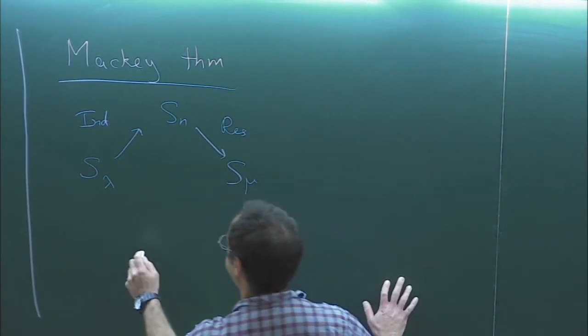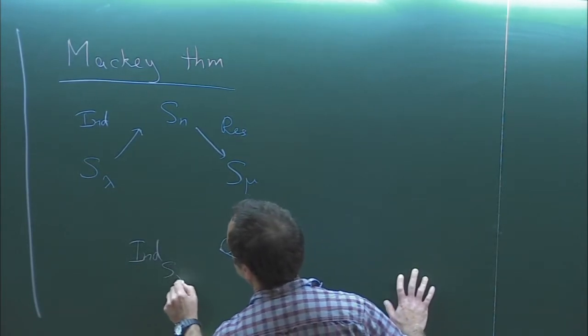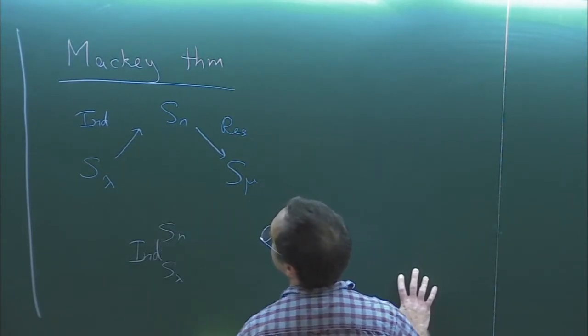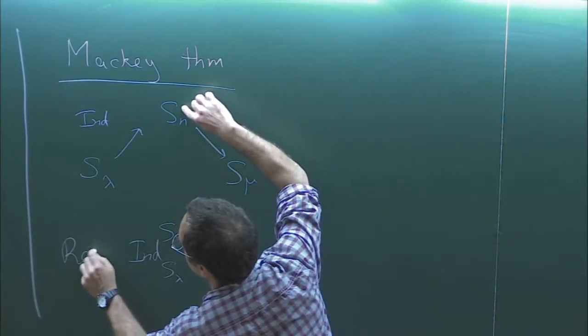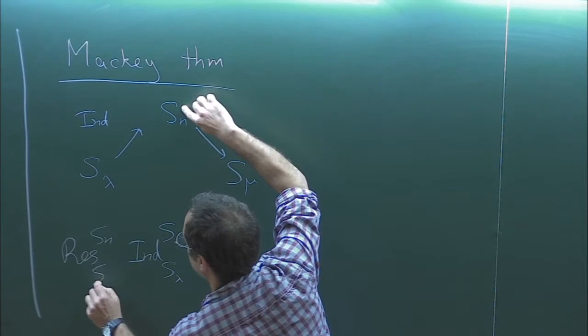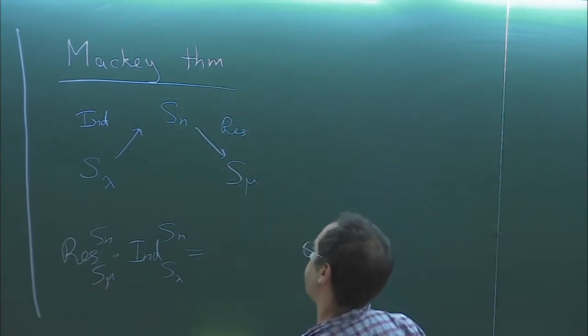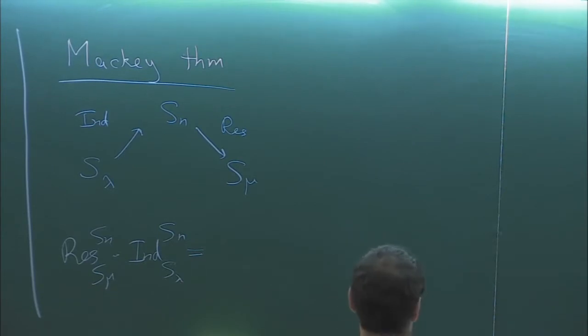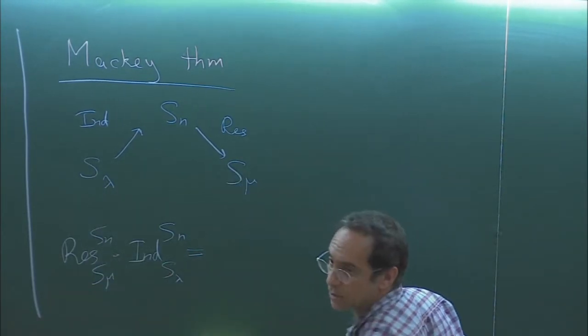So if we first induce from S lambda to Sn, we get a representation of Sn, we can now restrict it from Sn to S mu, and we can rewrite it as restriction and then induction.